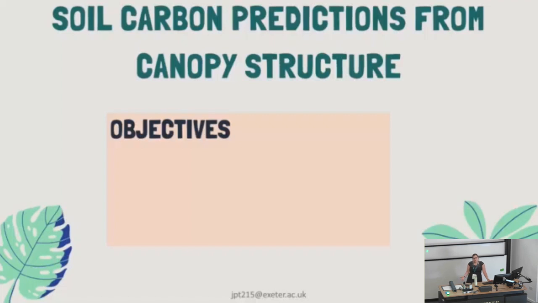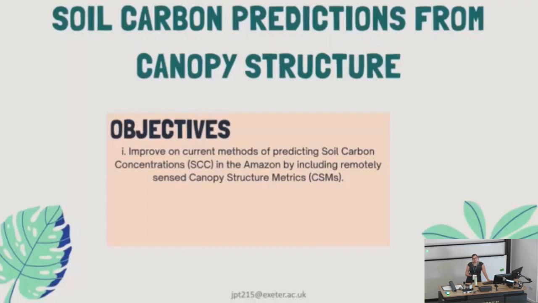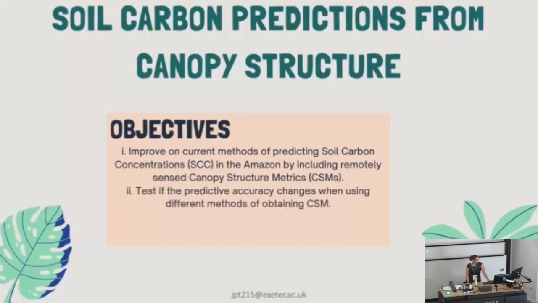The overall objective of this study, first and foremost, is development of methods. We're hoping to improve on current methods of predicting soil carbon concentrations in the Amazon by including remotely sensed canopy structure metrics. Within that, I'd also like to test if the predictive accuracy changes with different sources of canopy structure metrics, to identify the best methods and the most appropriate uses of doing this work.